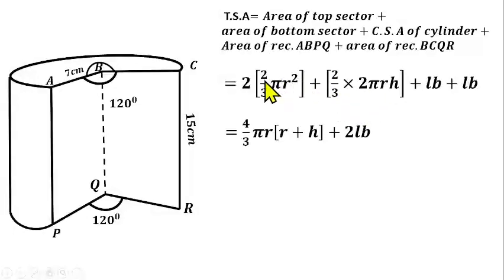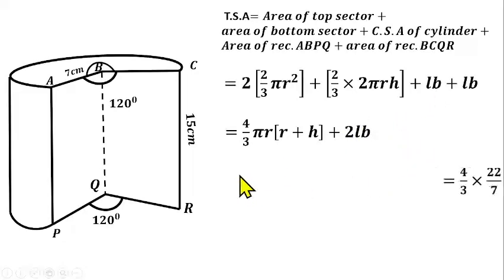So technically 4/3 is common to this and this, so you can factorize 4/3 pi r out of this and this. So if I factorize 4/3 pi r, we are left here with r, then plus we are left here with h, then plus 2lb.